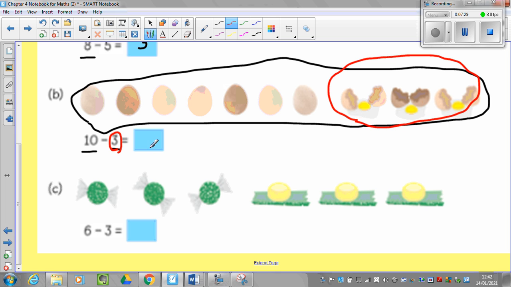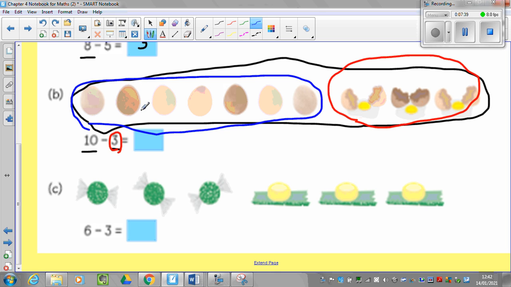How many eggs do I have left now? Let's count them together. I've got this many eggs left. 1, 2, 3, 4, 5, 6, 7. So I have 7 eggs remaining. 10 minus 3 equals 7.